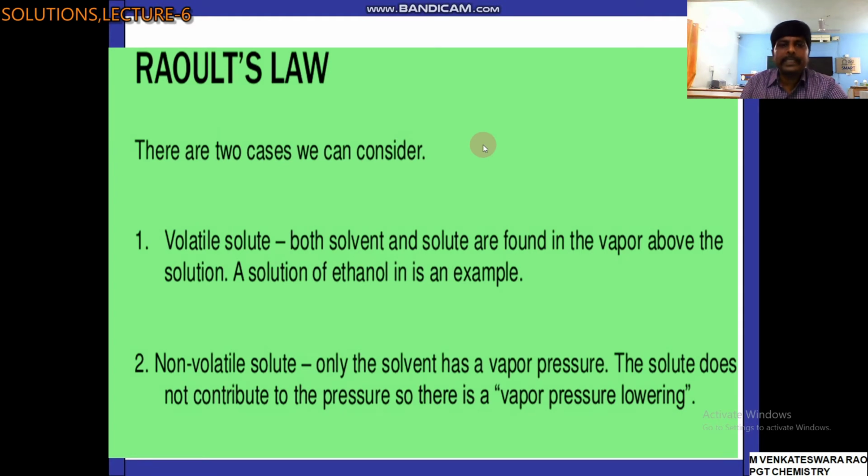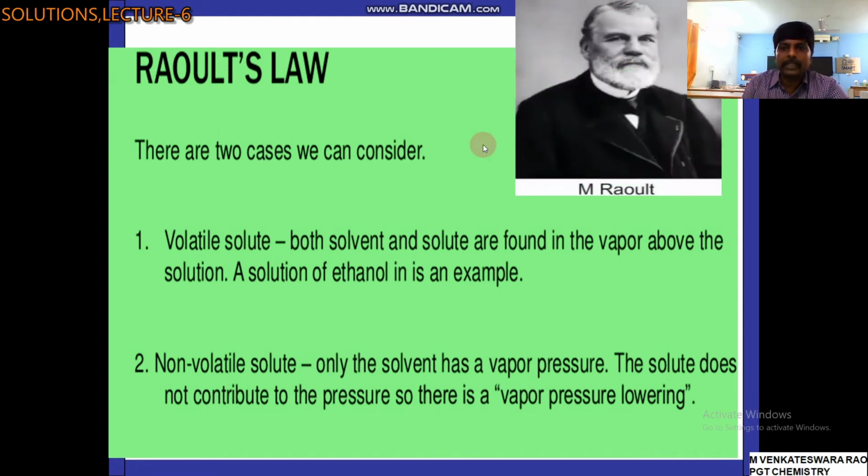There are two cases we can consider in Raoult's law. First one is Raoult's law with a volatile solute, and second is Raoult's law with a non-volatile solute. In case of volatile solute, both solvent and solute are found in the vapor state.